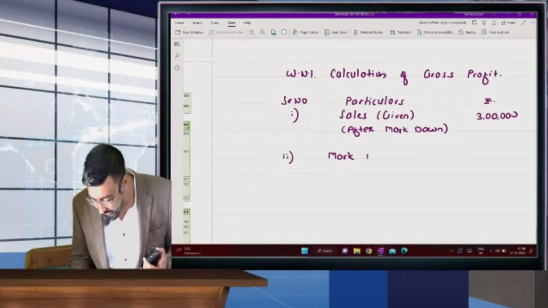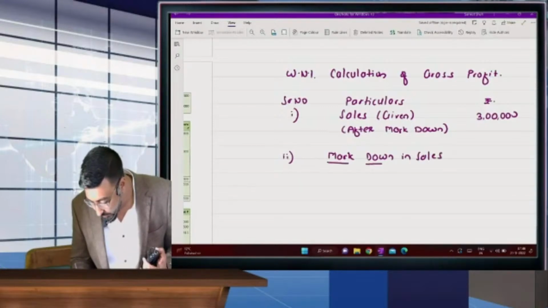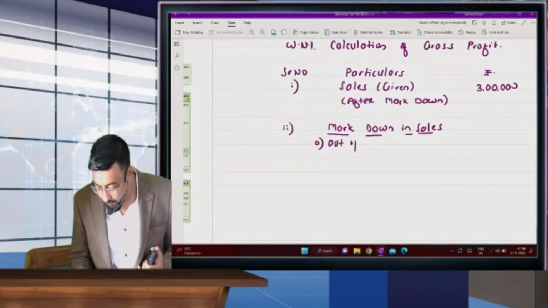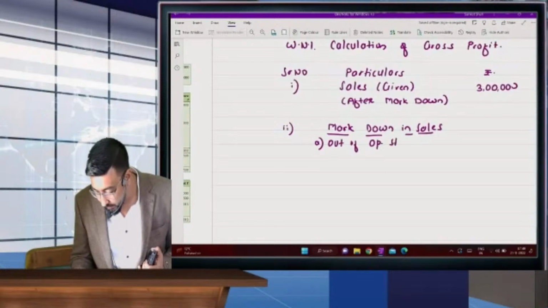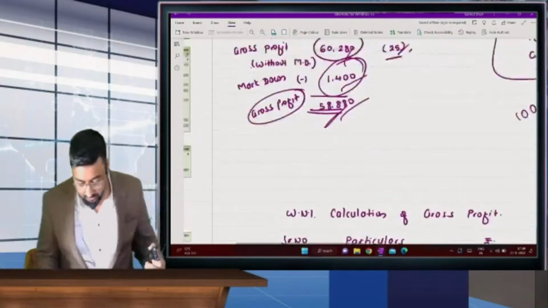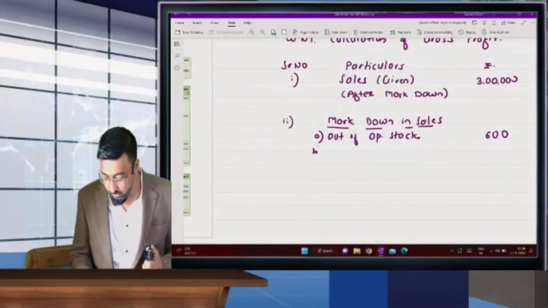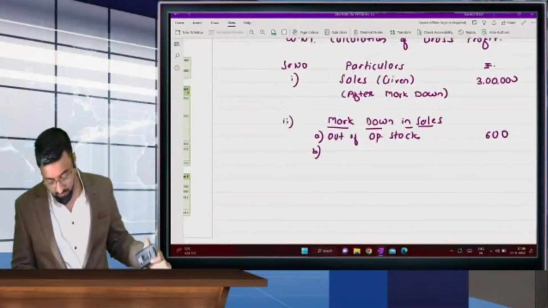Markdown in sales. A. Markdown in sales out of opening stock. So opening stock full 600 ना कितना था बेटा 600. This is sold. Whole goods are sold.